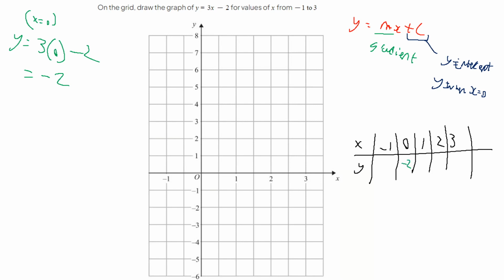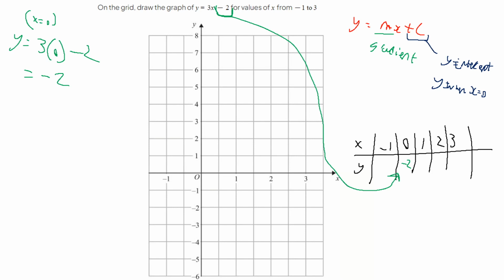As you can see, this minus 2 is here, so we can always plot whatever this c value is for 0.